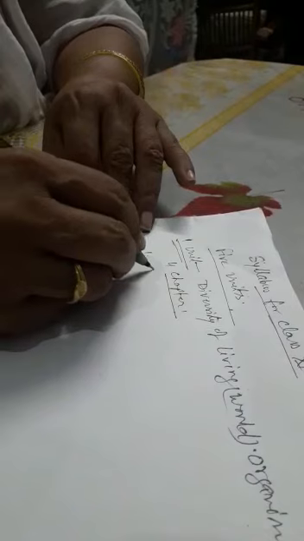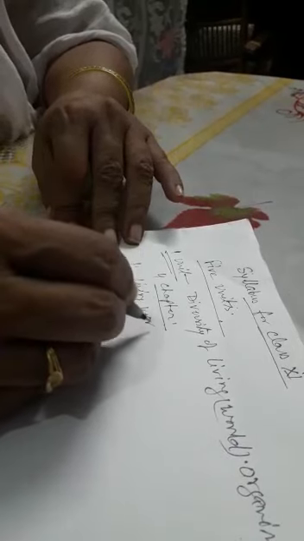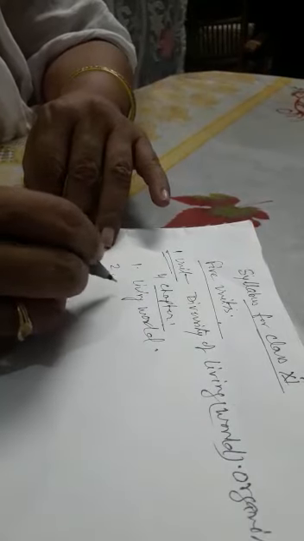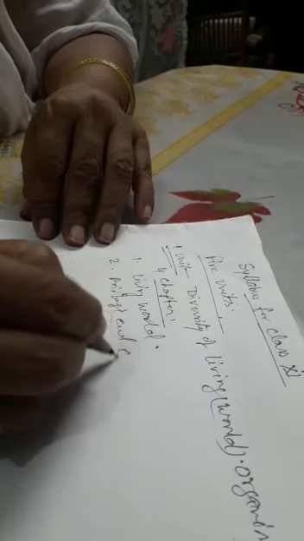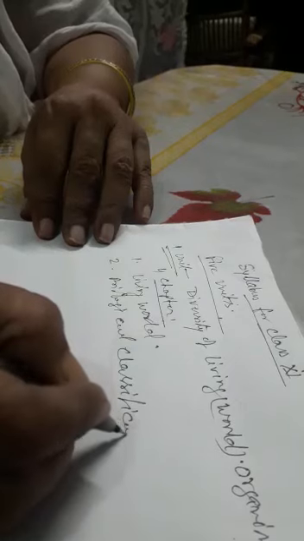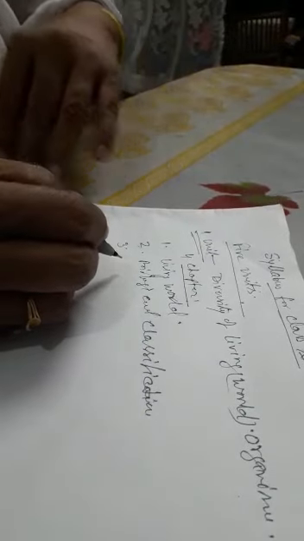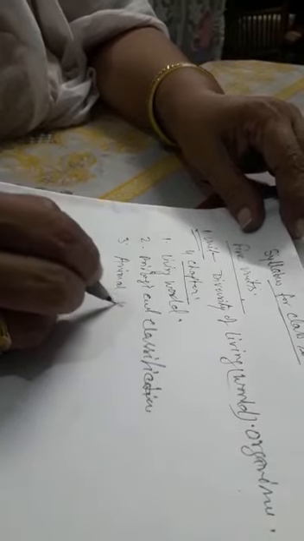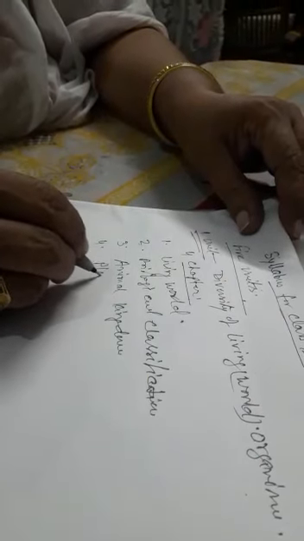The first is the living world, the second is biological classification, then animal kingdom and plant kingdom.